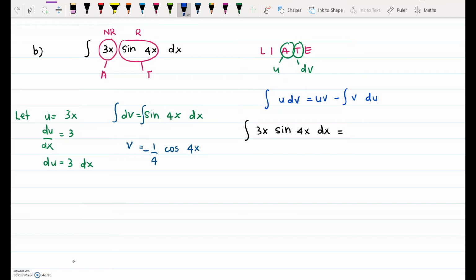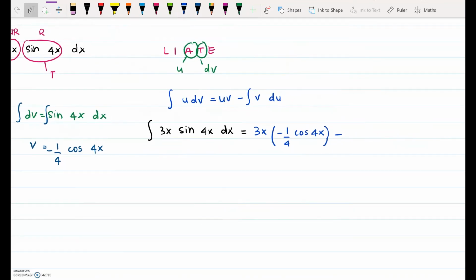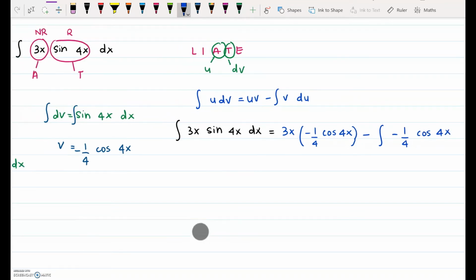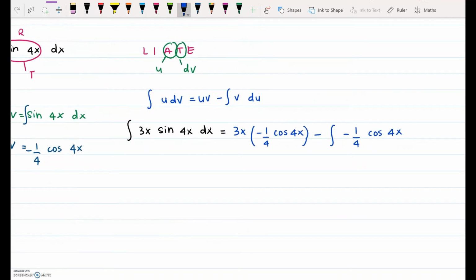Your u is 3x and your v is negative 1 over 4 cos 4x, and then minus integration of v du.